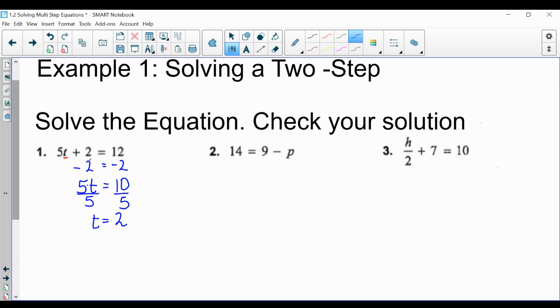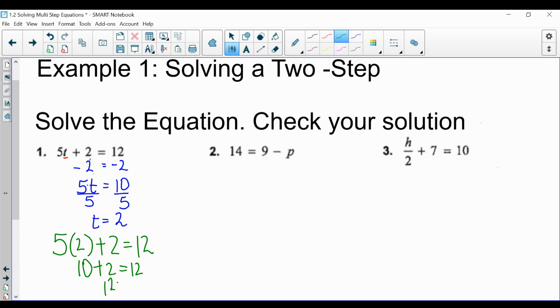I want to check to make sure I got it right so that I didn't make any mistakes. I'm going to substitute it back into the original equation. So I'm going to say 5 times 2 plus 2 equals 12. And now this is 10 plus 2 is equal to 12.